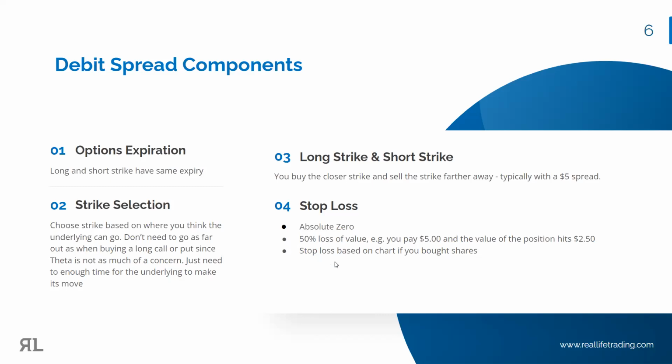So let's say I look at the chart and I go, well, if I was going to be trading this in shares, here's my stop loss. And let's say it gets down to my stop and I've only lost 25% of the value of that, I'm still going to exit it. So that's how I personally do it. I will do absolute zero, but if I'm not doing absolute zero, I do a combination of these 2, whichever comes first.